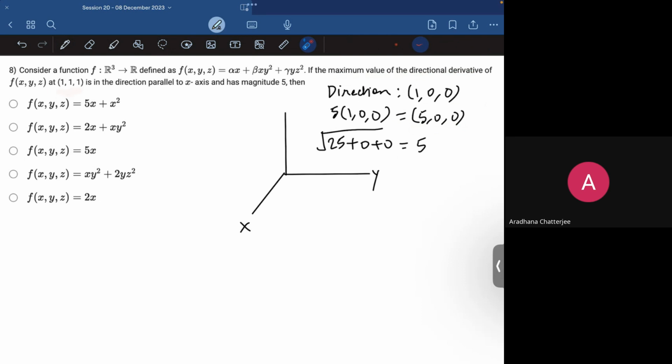Also, we have this function given, so to find the maximum value of the directional derivative we at least need the derivative, or the gradient, so we also need that. So just for this function, let's calculate the gradient vector also.